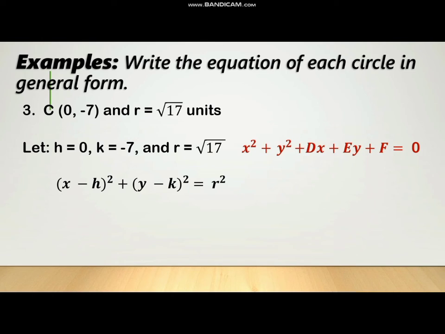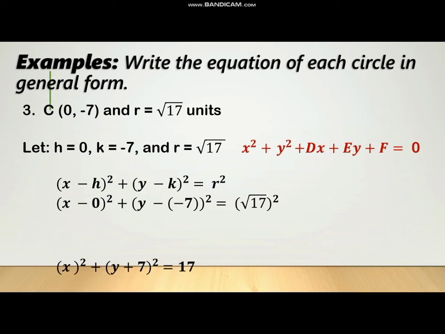Using the standard form, the square of x minus h plus the square of y minus k is equal to r squared. So substitute the given to the formula. We have the square of x minus 0 plus the square of y minus negative 7 is equal to the square of square root of 17.